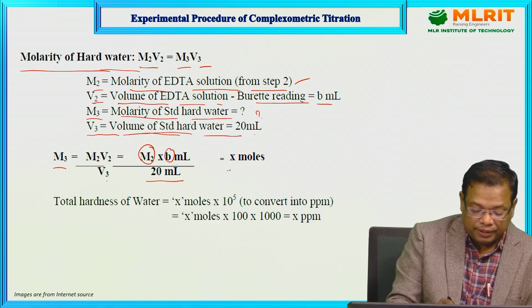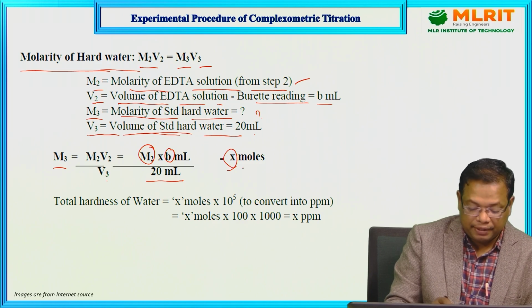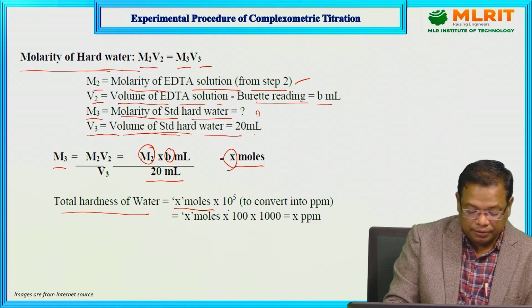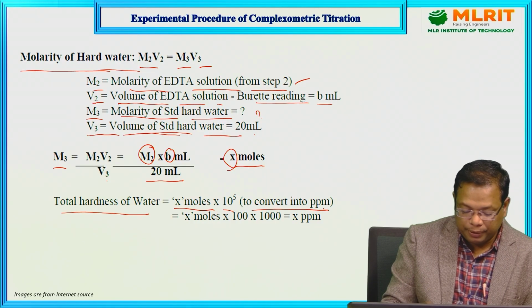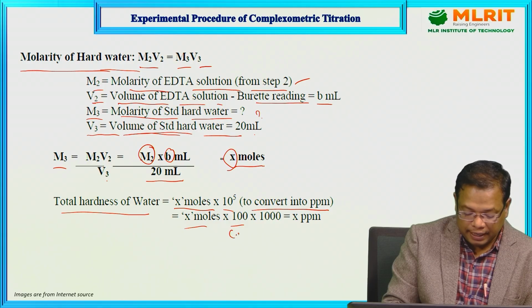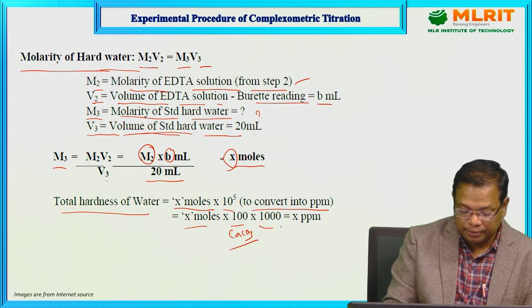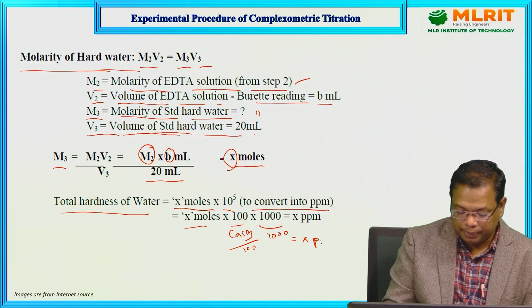So we are going to find out the molarity of the given sample. Total hardness of the water is equal to X moles into 10 power 5 to convert into ppm: X moles into the calcium carbonate molecular weight 100 into 1000 per liter. Overall it is X ppm.